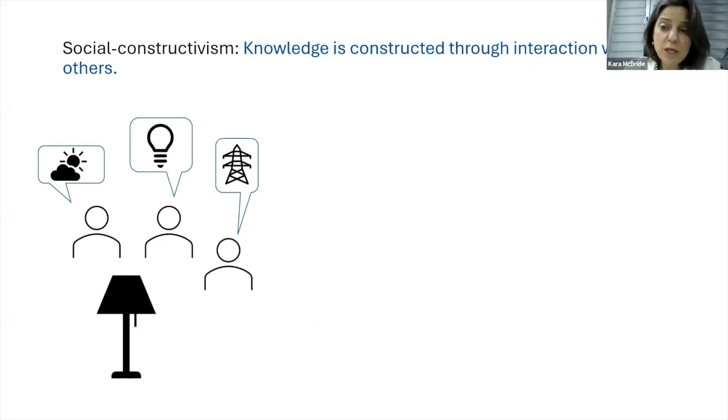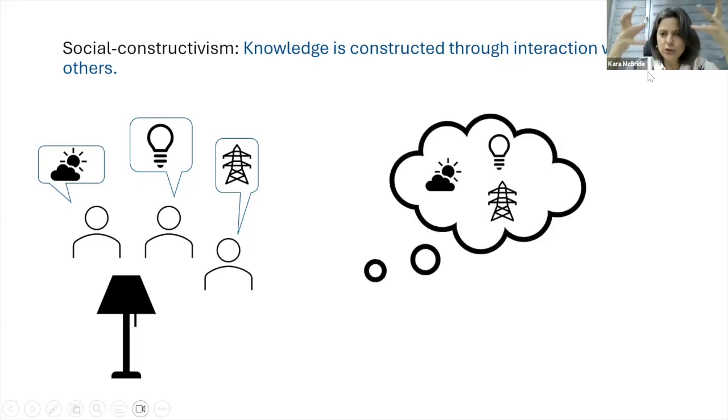Another is talking about the electricity that's feeding the lamp and the electricity grid. Through this discussion, they're sharing ideas and interacting, and jointly the group expands their own understanding of the concept by taking pieces of what the other person said and combining it through social interaction.